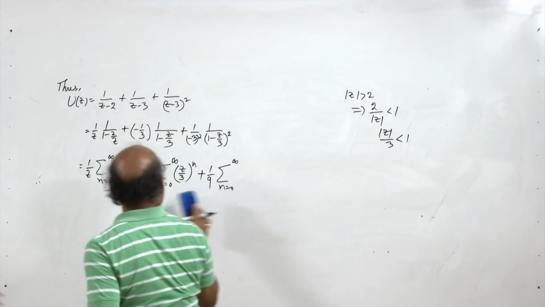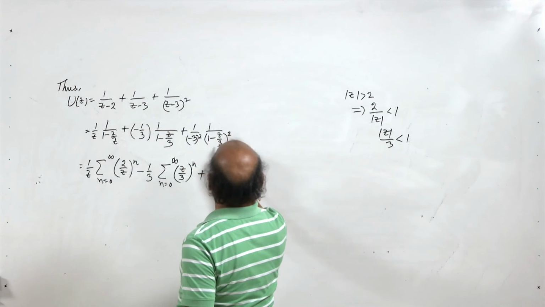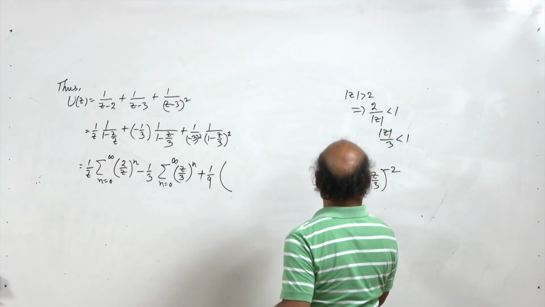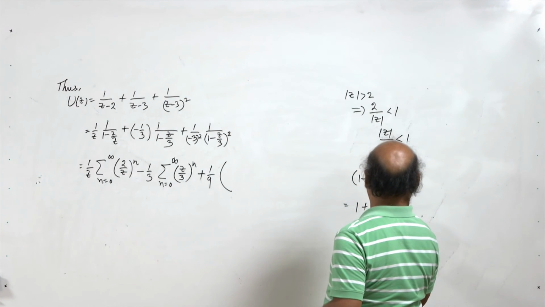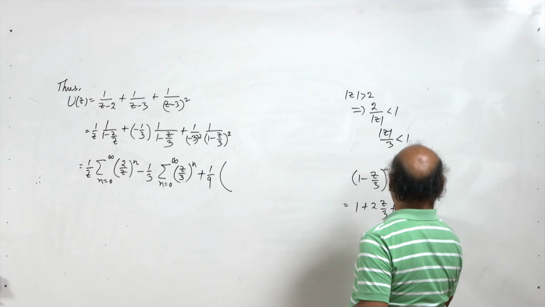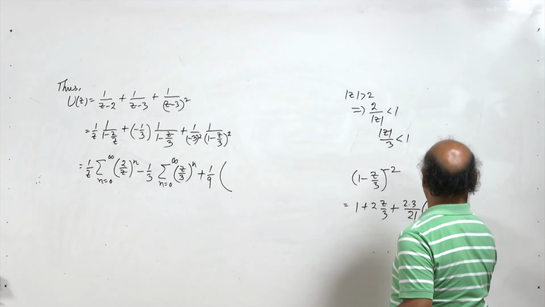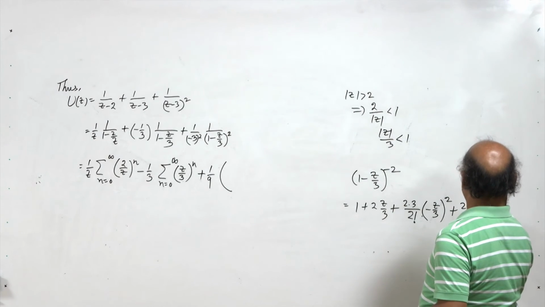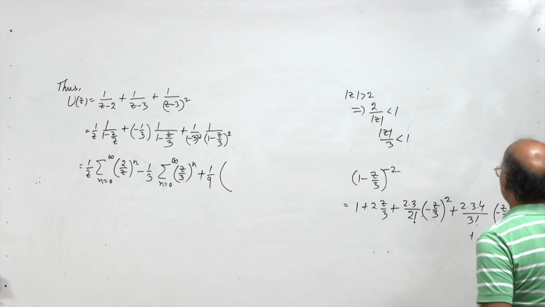First I would write it in the expanded form. This is (1 − z/3)^(−2). So I will get 1 + 2(z/3) + (2·3/2!)(z/3)² + (2·3·4/3!)(z/3)³ and so on.